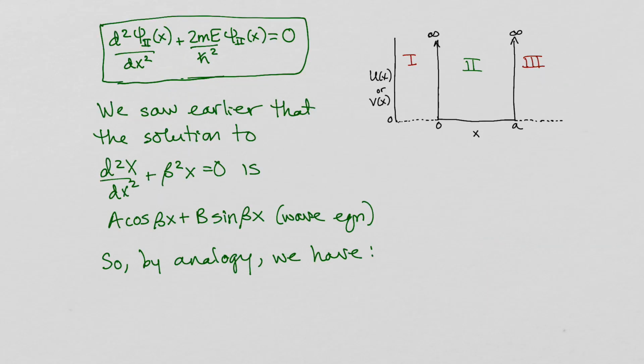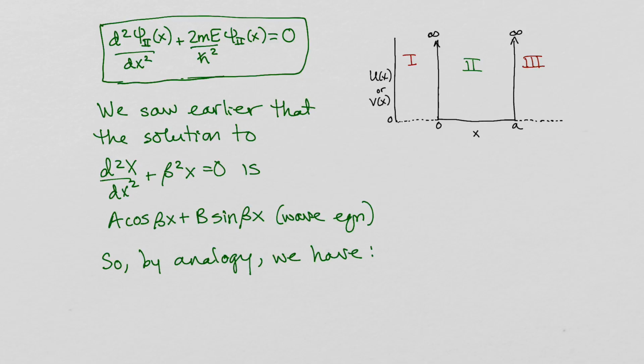Okay, so we're going to take our HLDECC equation that we just obtained from setting up our Schrodinger equation for region 2, and we're just going to remind ourselves that we saw when we worked with the wave equation earlier that we already know the general solution to this form of equation, right? So we've seen all of this before. Okay, so we know that the general form of our HLDECC solution is A cosine beta x plus B sine beta x.